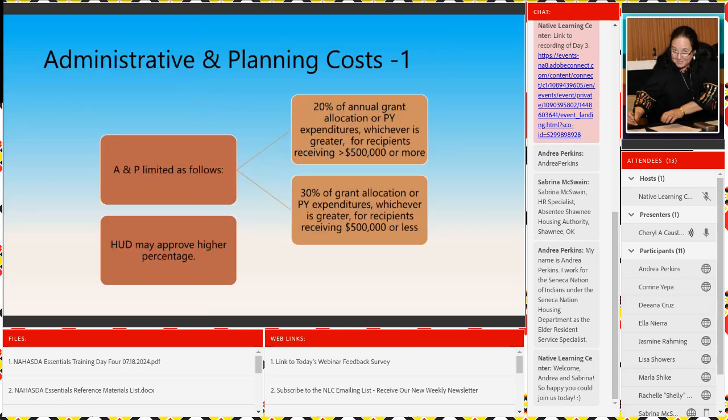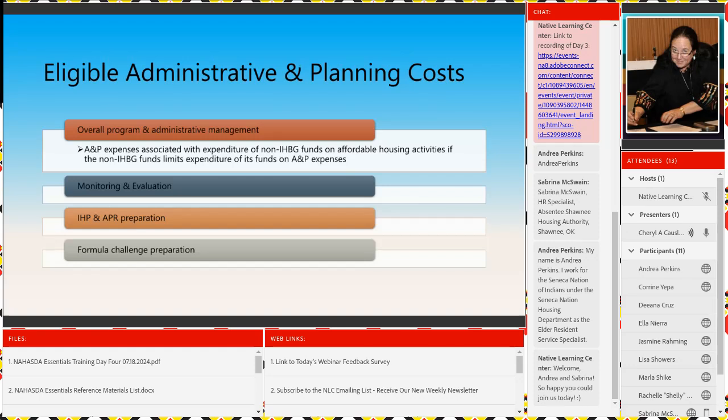So again, your A&P cost is dependent on how much you receive. So 20% if you're receiving 500,000 or more, or 30% if you are receiving 500,000 or less. If you need it, HUD can approve a higher percentage. I haven't seen them do that though.